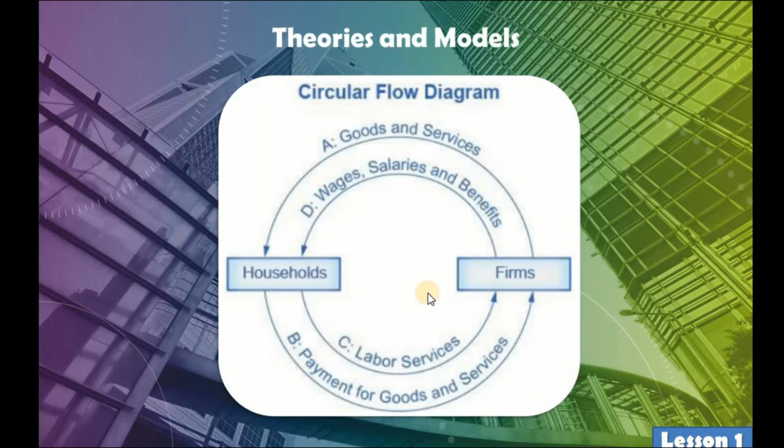So, bilang household, tayo yung nagpo-consume, tayo rin yung nagbibigay ng manpower natin sa mga businesses. So, kung mapapansin ninyo, ito pong arrow na to, goods and services. Si firm, nagpo-produce siya at nagbibenta siya ng goods and services kay household. However, si household, para ma-enjoy niya yung goods and services ni firm, siya ay nagbabayad or payment yung sa ating bill.